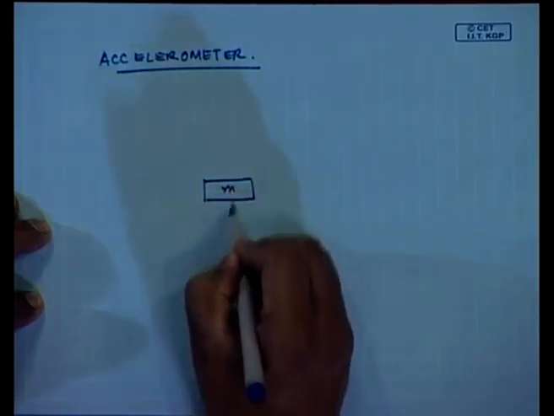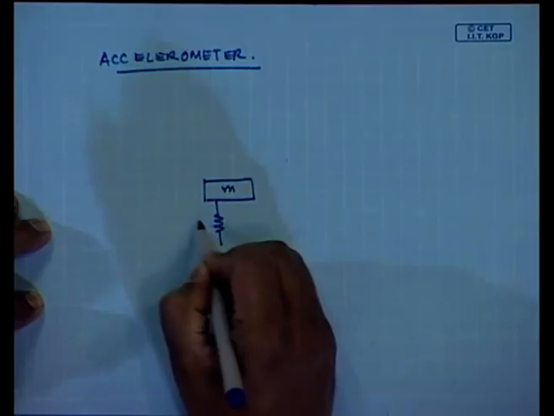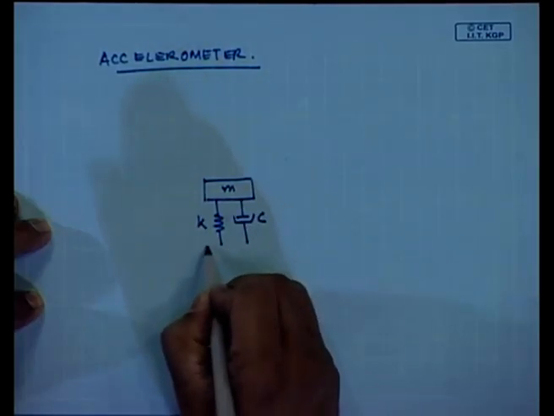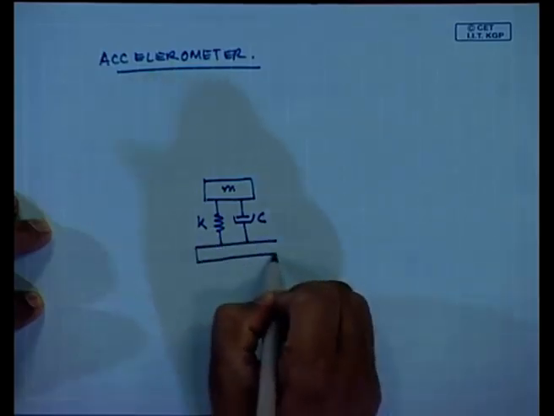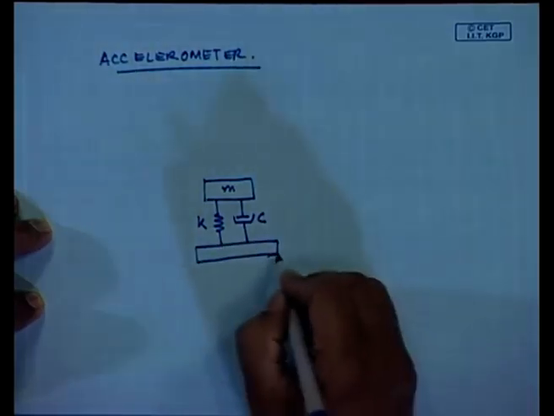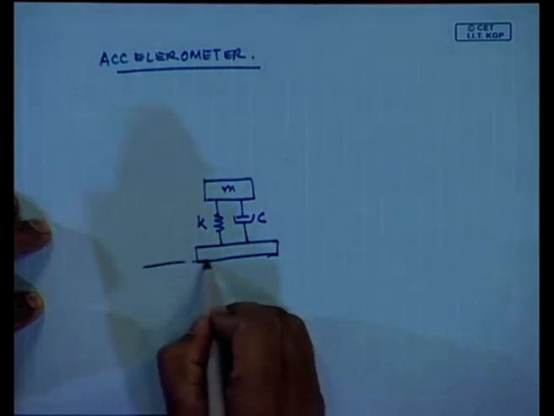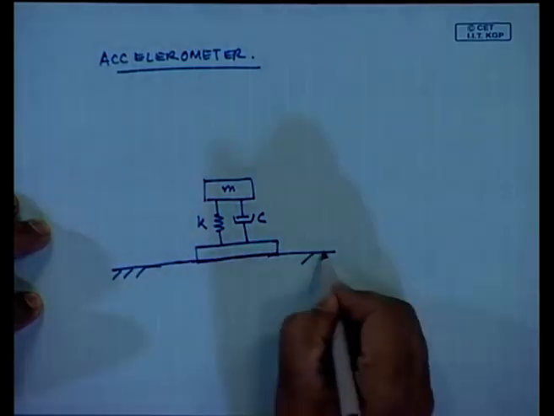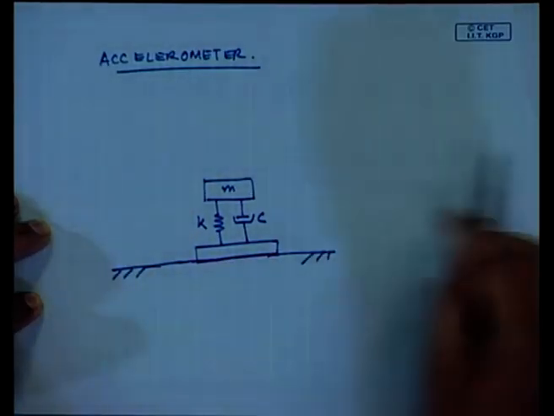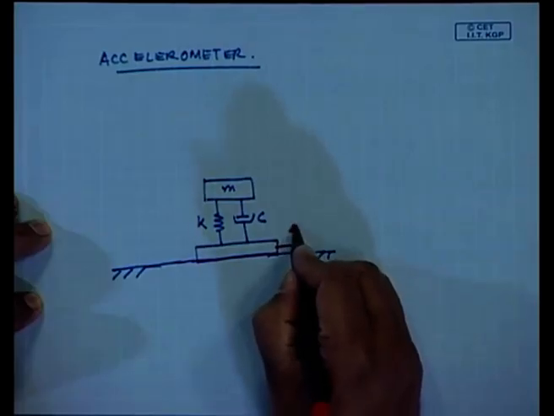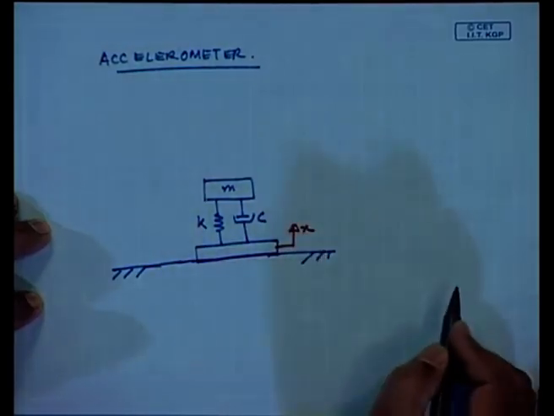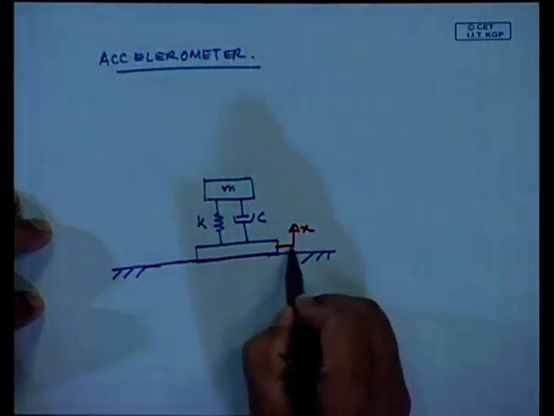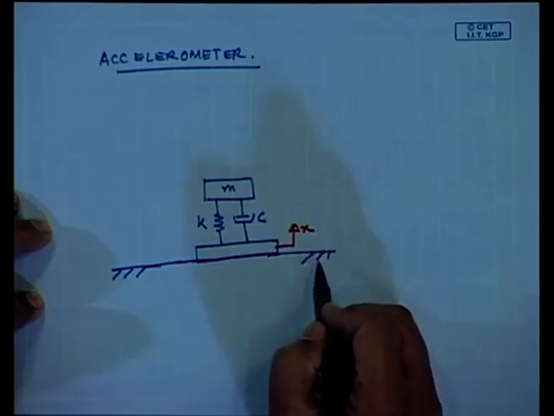I have a mass here, and this is put on a structure which is having a motion x. So, onto this I put a unit like this. I would like to measure the motion x.